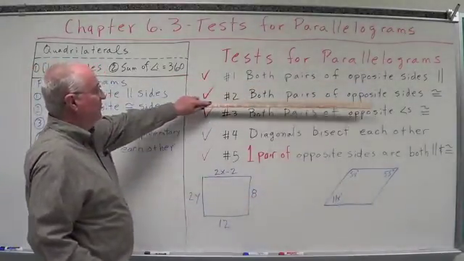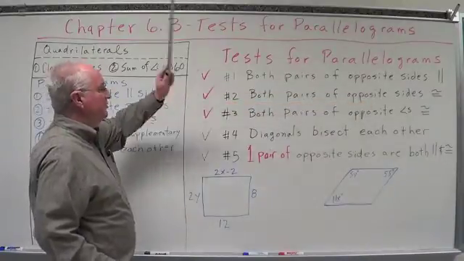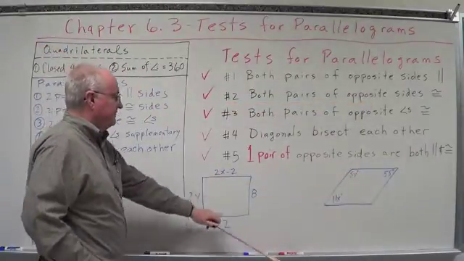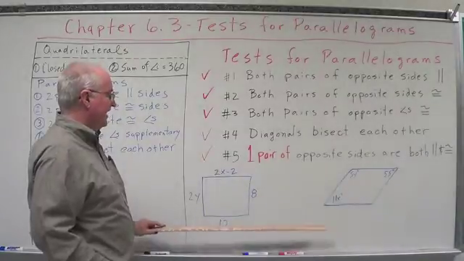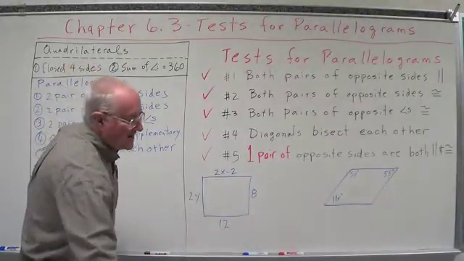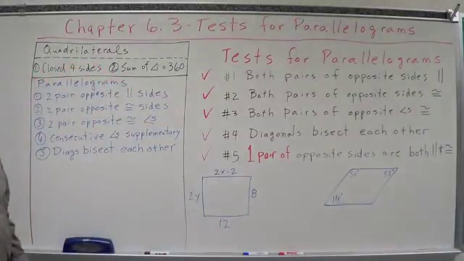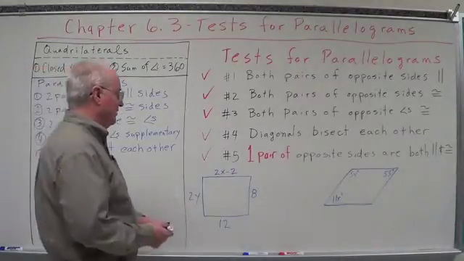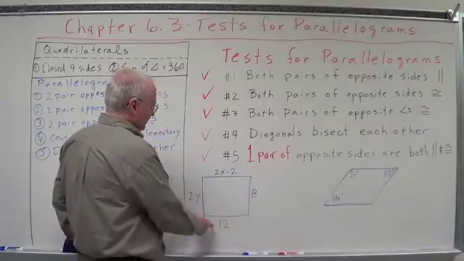Yeah, that won't work. Both pairs of opposite sides are congruent. We're given information about both pairs of opposite sides. If we can make x and y equal to something that would make those sides congruent, we got this home free. So let's see what we can do.